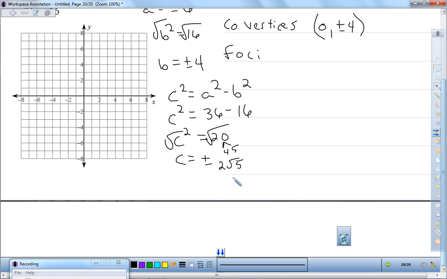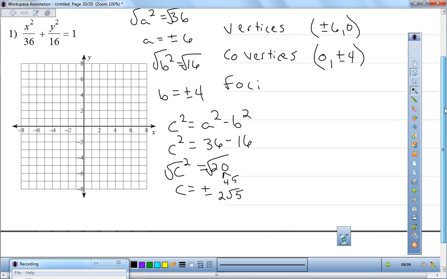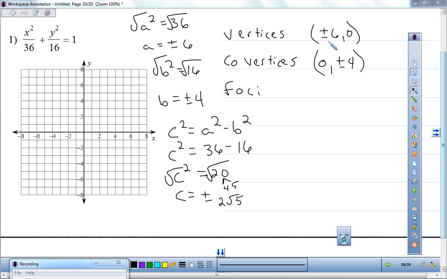Remembering that our foci are always on our major axis, in this case it'll be the x value because it's in the same place as our vertices. So we'll have plus or minus 2 square root of 5, and 0.